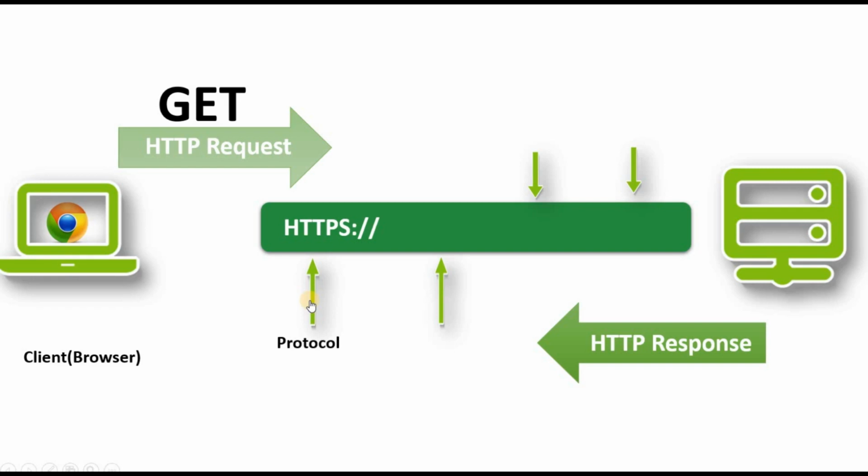Now, to the protocol you normally attach a domain name or a server. Basically, the domain name points to a specific piece of hardware stationed somewhere else, so they are in the form of servers.